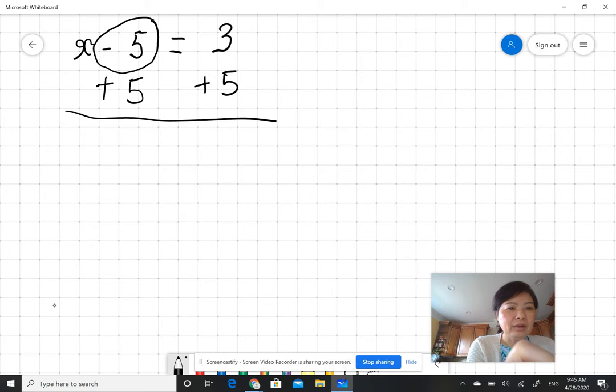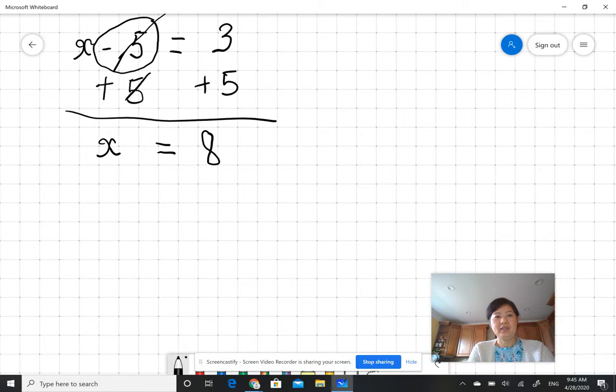Now when you do minus 5 and plus 5, you cancel out, you become 0 here. So the left side, you only have x, and then you have equals. Now on the right side, you have 3 plus 5 equals 8. Okay, so that is the first example.